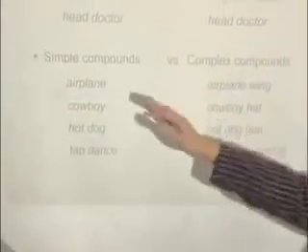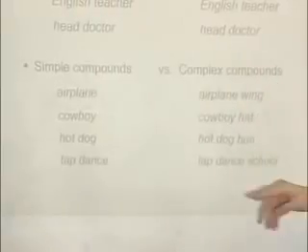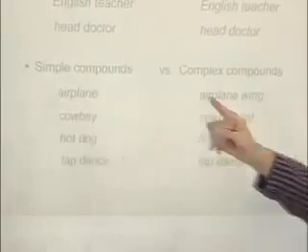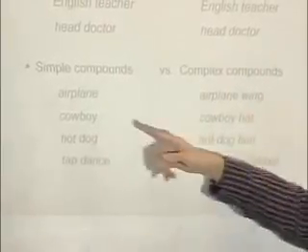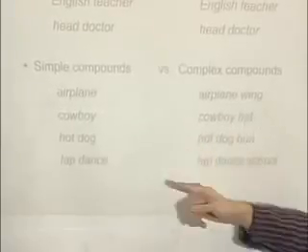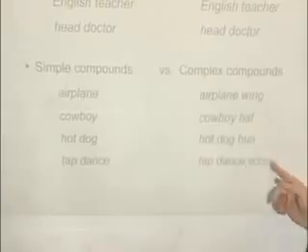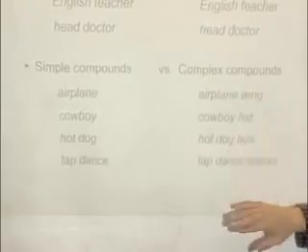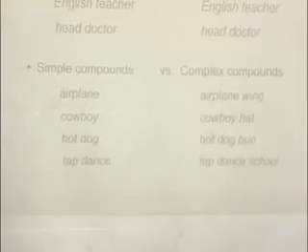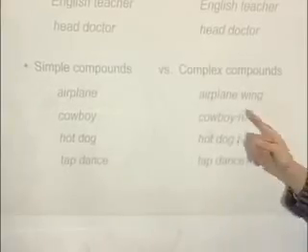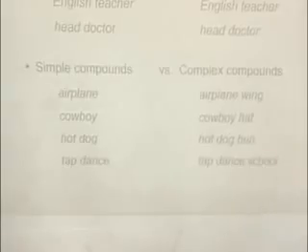Okay. Now, we can have simple compounds or complex compounds. Airplane, airplane wing, cowboy hat, hot dog bun, tap dance school. These are complex compounds. Still, the word that gets most stress is the first noun. Airplane wing, cowboy hat, hot dog bun, tap dance school.